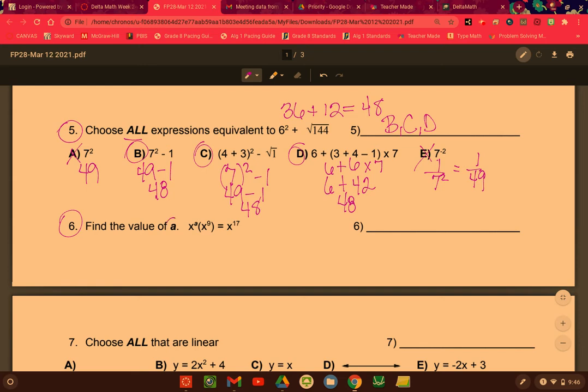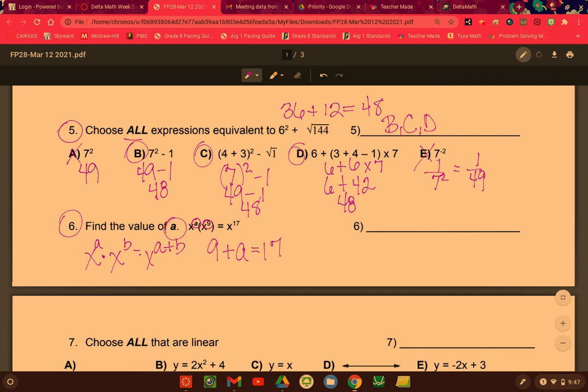Okay, so we want to find the value of A in this equation. So we have to remember the product rule when we have powers. So let's say we have common bases raised to exponents. We're going to add the exponents. Okay, you're getting pretty good at that by now. So in this case, we have A and 9. So 9 plus something is 17.